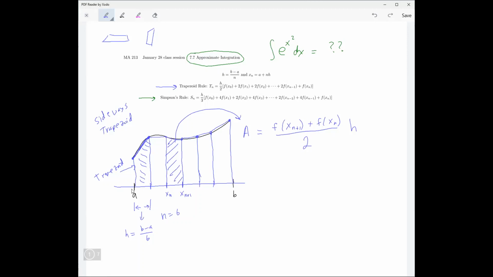Okay, so what happens is this h over 2 gets factored out.